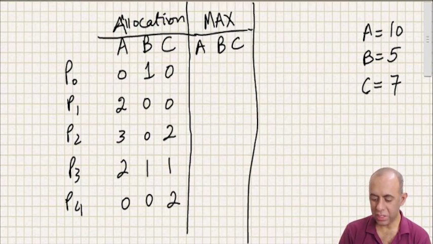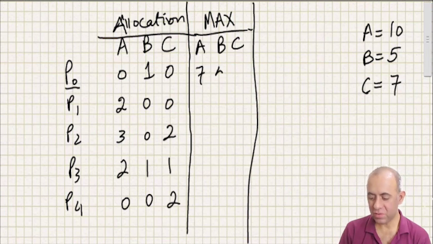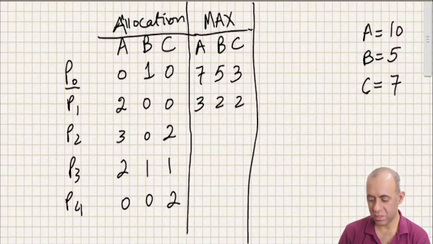Process P0 wanted a maximum of 7 resources of type A, 5 resources of type B, and a maximum of 3 resources of type C. Similarly, process P1 wanted a maximum of 3 resources of type A, and so on. Let me fill out the rest of the matrix and then we'll proceed.